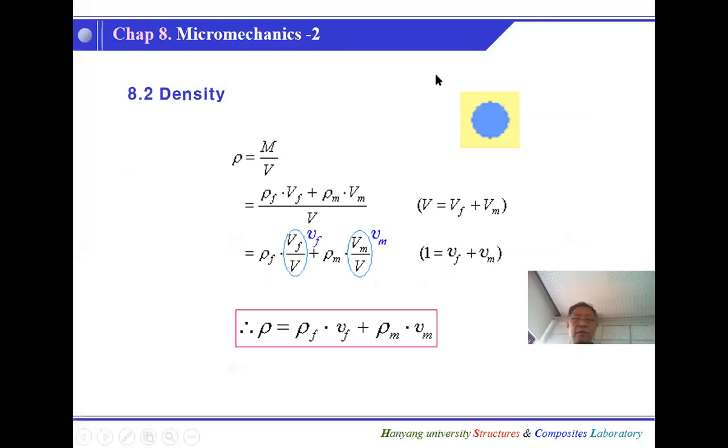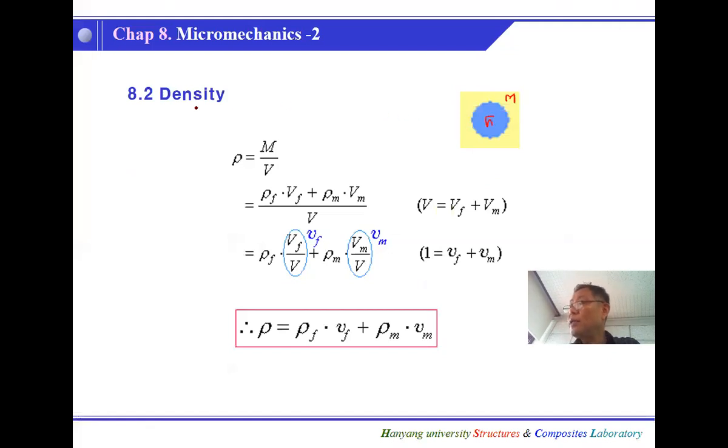To get the ply properties, now we don't have to worry about all the random arrangement, and we don't need to worry about the regular array. All we need to do is focus on one unit cell. One unit cell, this is a fiber, and this is a matrix.